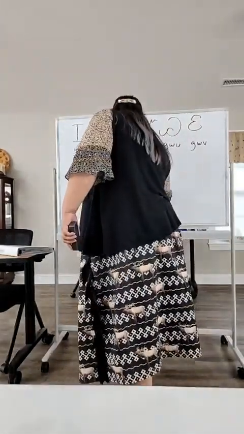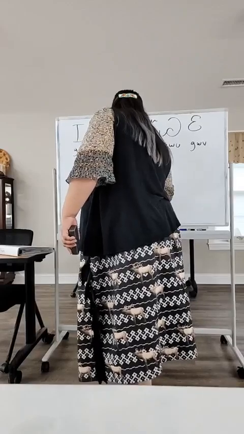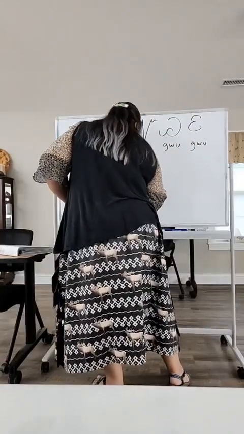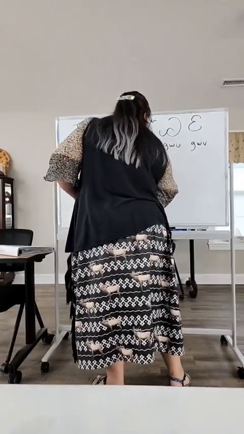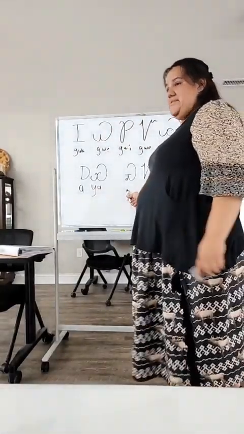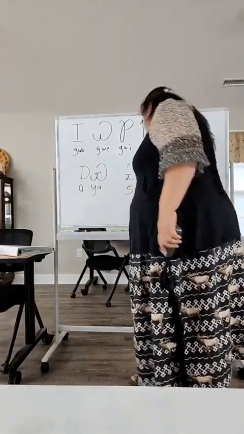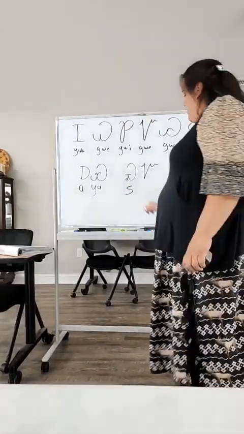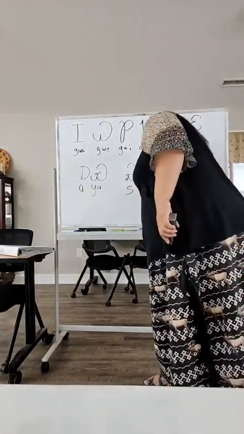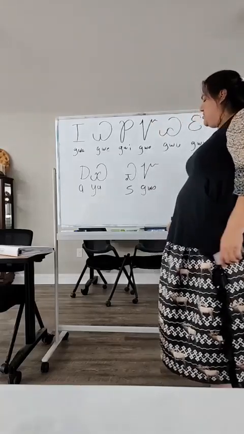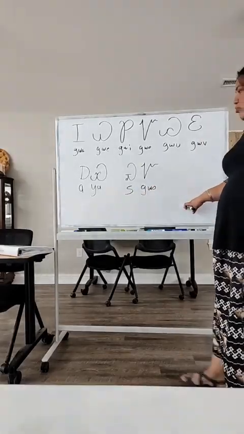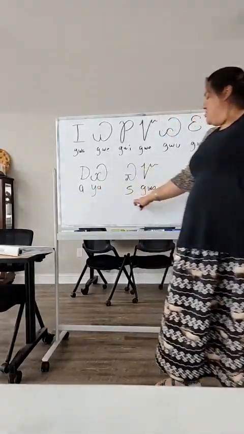And then we'll go over this one later. This is an S by itself. So phonetically, you're just going to see that, right? But what do we know about this? It tacks onto the one behind, right? And this is a quo. So, squo. Squo. So, aya, squo.